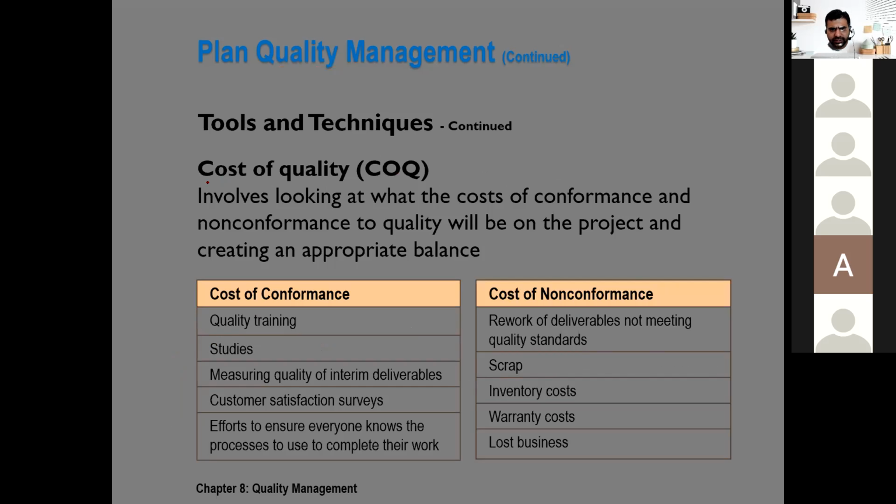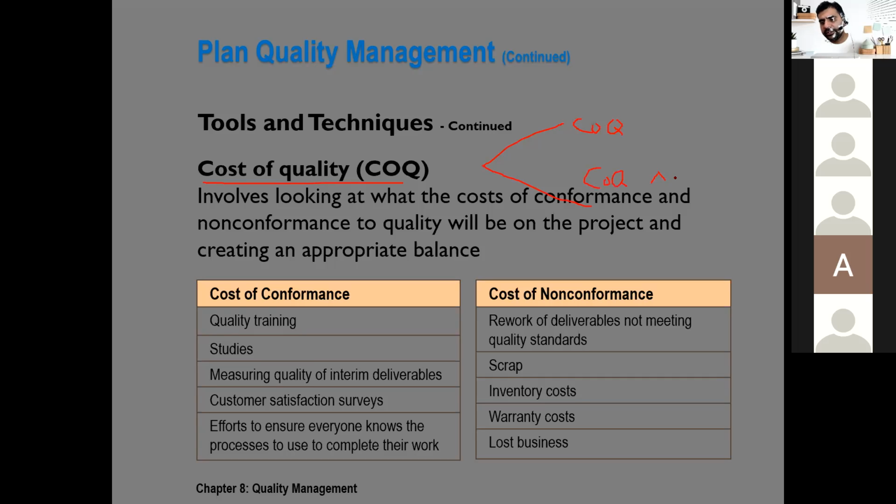Now let's move further and talk about another tool and technique, which is cost of quality. In yesterday's session, I talked about cost of quality. It could be of two types: cost of quality conformance and cost of quality non-conformance.